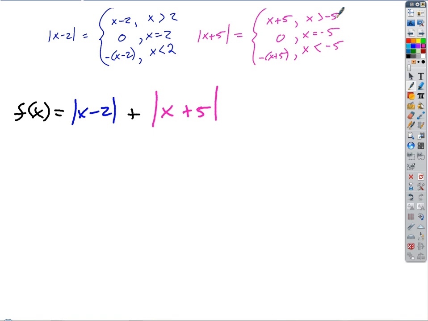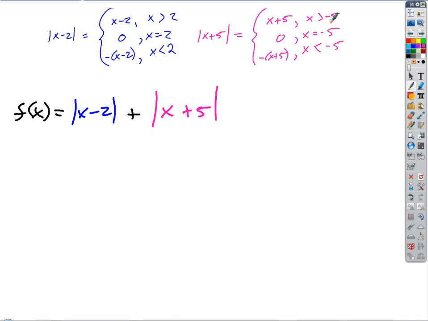Now, if I add these functions together, it's a little more interesting because now the function as a whole is changing behavior at 2 and at -5, right? Does that make sense? So we know that for values of x, let's start with the low values.